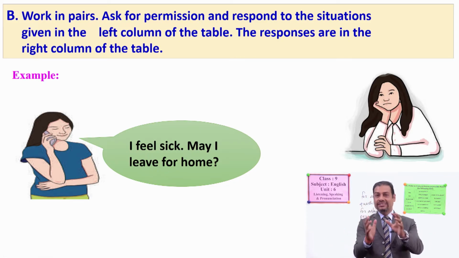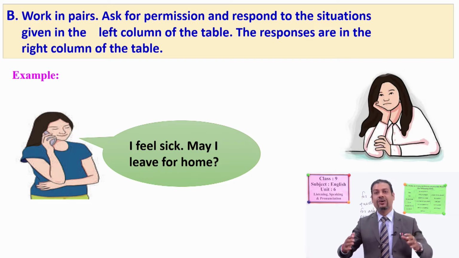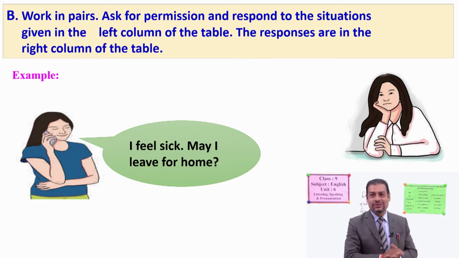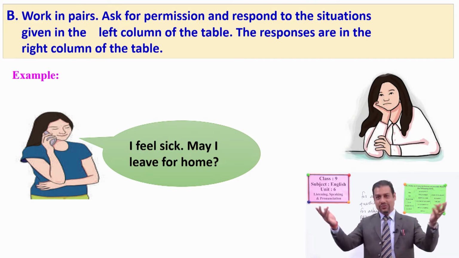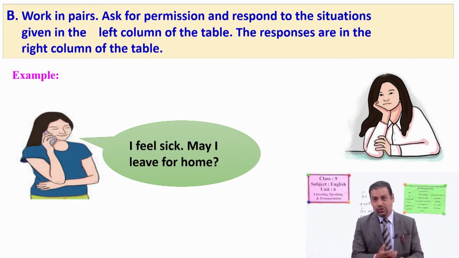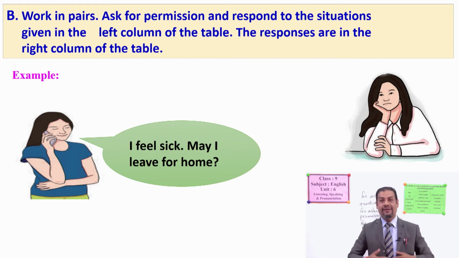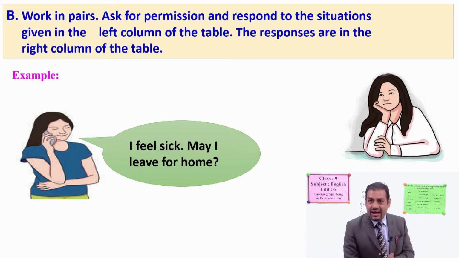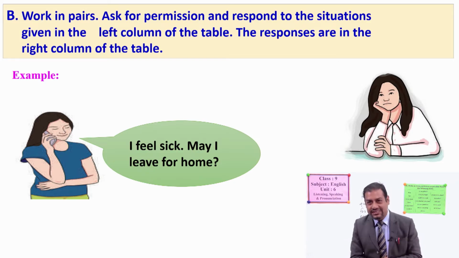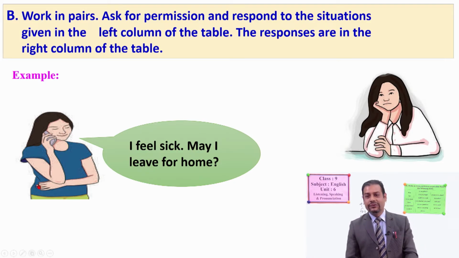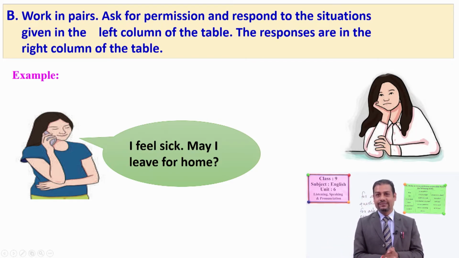Now, when you ask your teacher for permission, sir, may I go out? What does your teacher say? Yes, he may say, okay, you may, or he may say, no, you may not, or he may say, I am afraid I can't send you right now. So it means that there should be responses. Can you guess what she will say for this permission seeking?